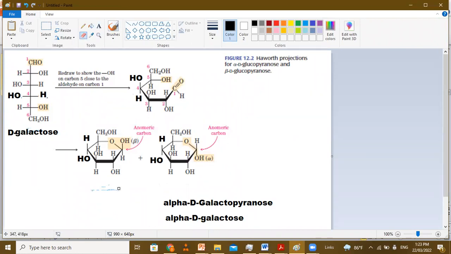Okay, this one is not glucopyranose anymore, but this is already a galactopyranose. But in particular, you have your beta, with the OH up. So you have this to be a beta.